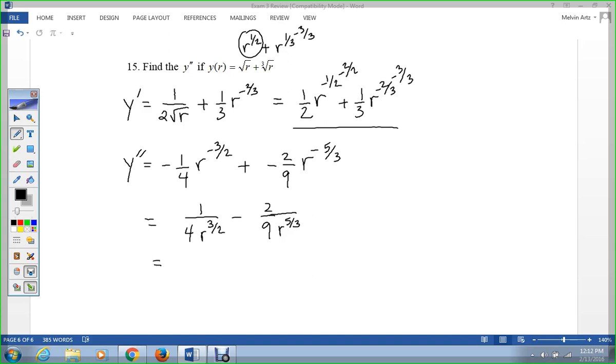And if we rewrote this back in square root form, we would have the square root of r cubed minus 2 over 9 cube root of r to the 5th. And there's our second derivative.